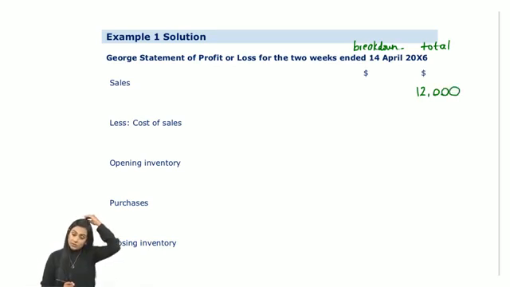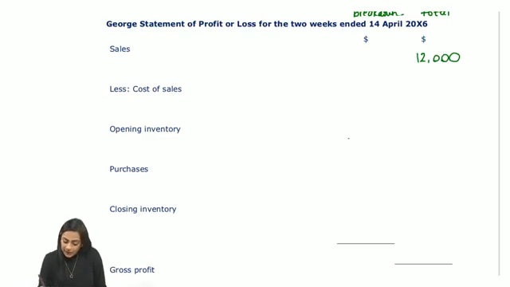Then you have cost of sales, and cost of sales is calculated by doing this calculation. Opening inventory. Opening inventory is 0 because George commenced his business. He made purchases of 12,000 and his closing inventory is 7,000.